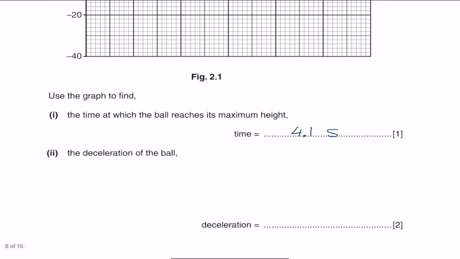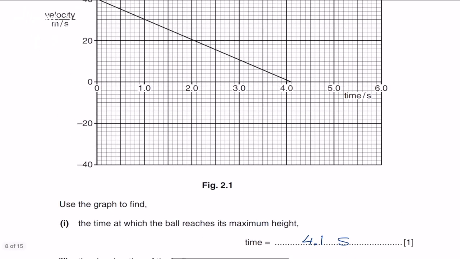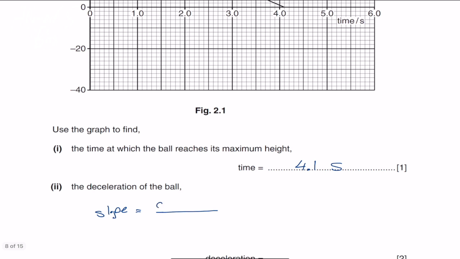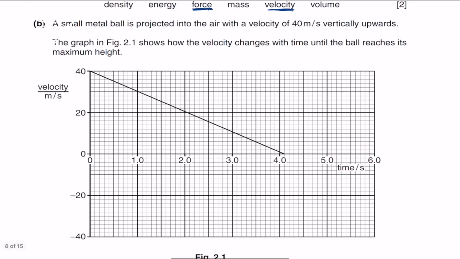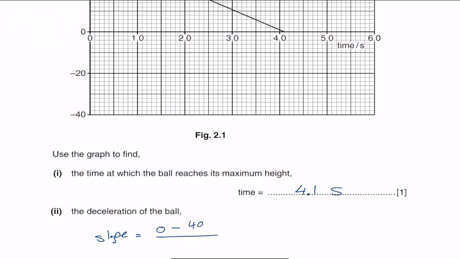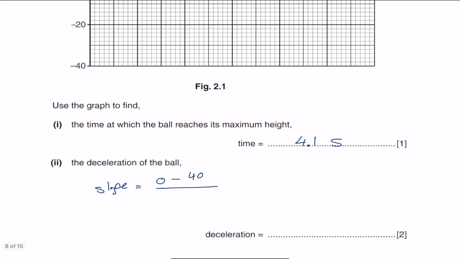Anyway, the deceleration of the ball is equal to the slope of the graph, which is change in y divided by change in x. Let's write that. Change in y is finally 0 minus the maximum y, here is 40, divided by the change in time, which is 4.1 minus 0. So it could be 40 divided by 4.1.